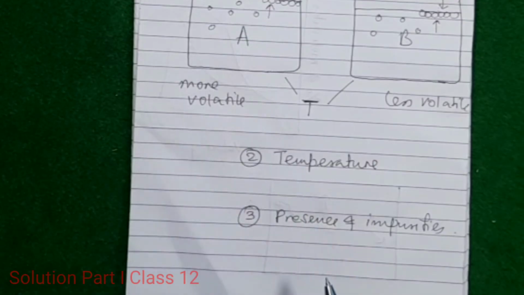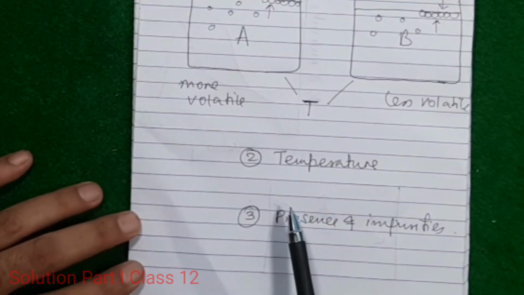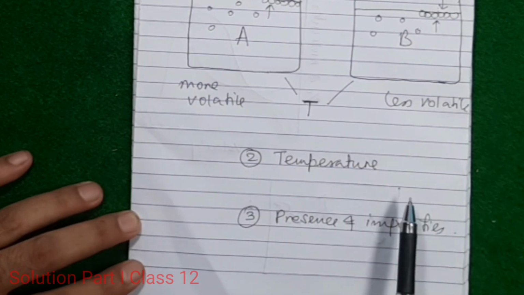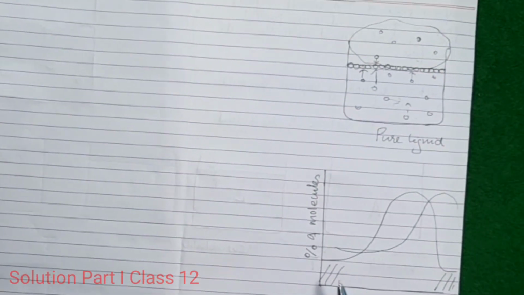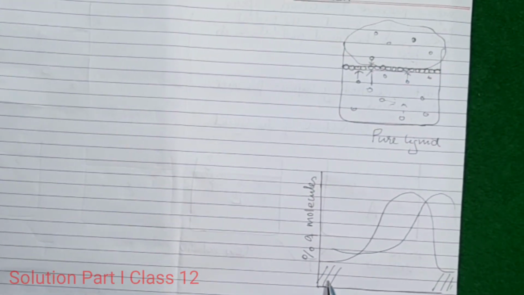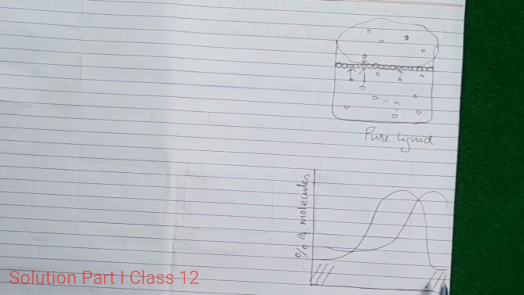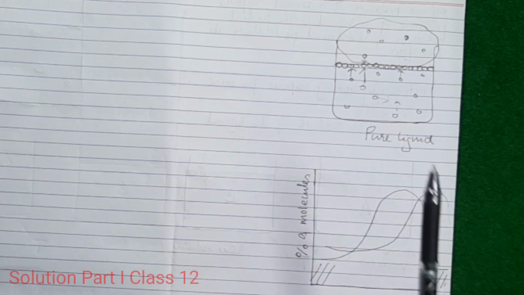So that's the first factor. The second factor that determines the amount of vapor formed by a liquid, or its vapor pressure, is the temperature at which the liquid is kept. At low temperature, very few molecules are such that they can go and strike the surface molecule hard enough to evaporate. So less evaporation takes place.